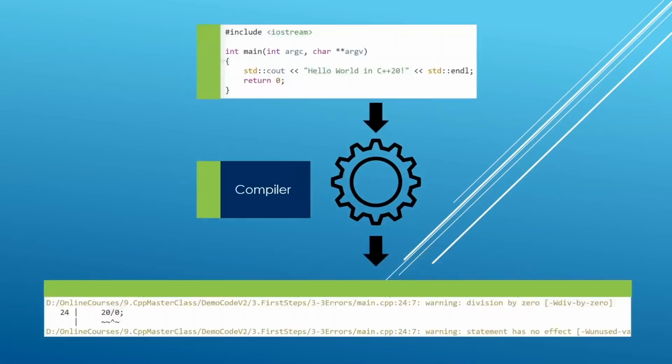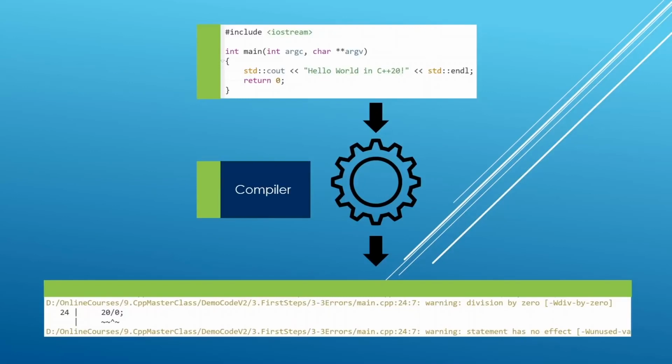The last kind of problem you can have in your program is a warning. This is a problem that is not serious enough for the compiler to halt your compilation. Compilation is going to succeed, but this is basically the compiler telling you you are doing something that has some problems, and you should really fix it before it becomes a serious problem. So that's going to be a warning.